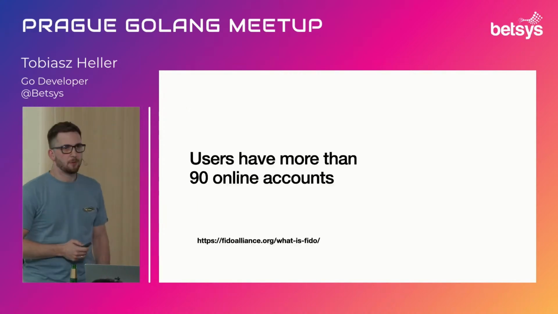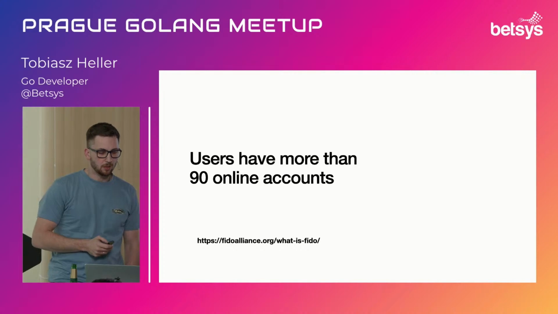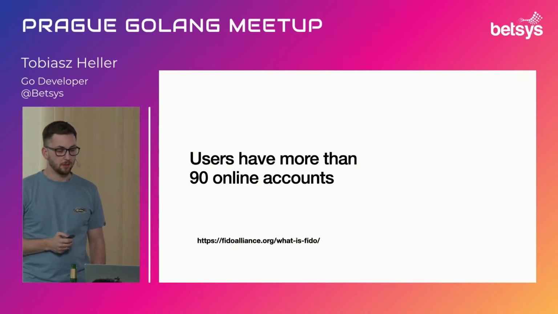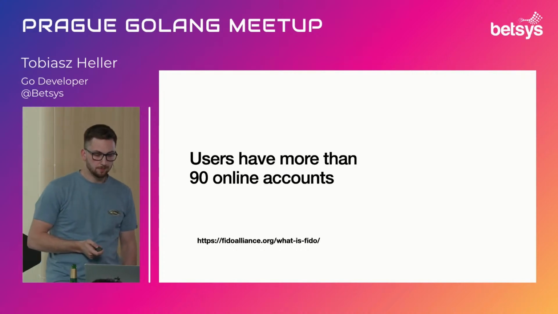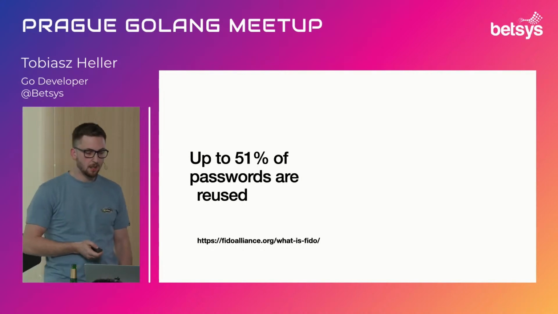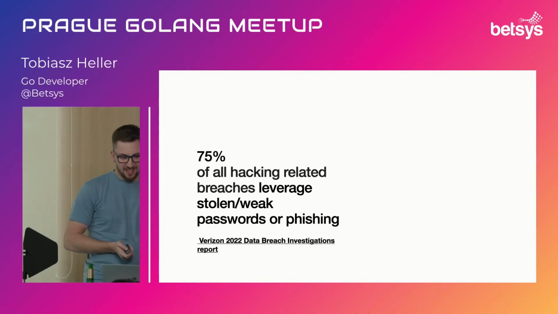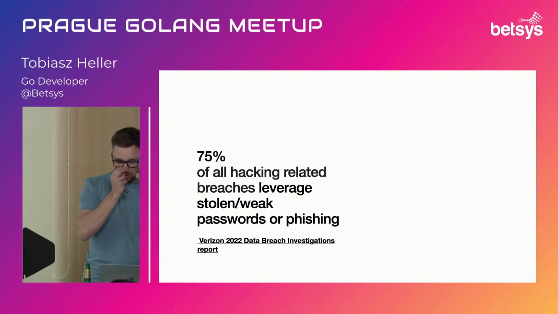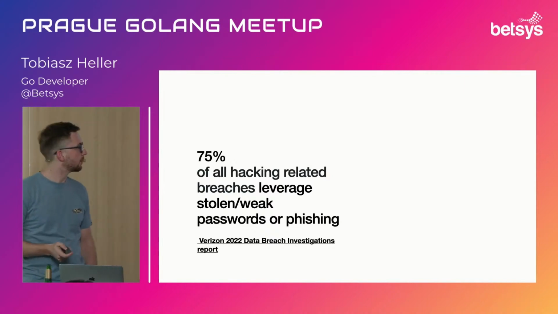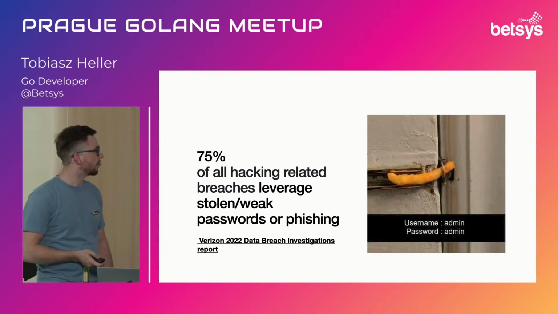So, starting with fun facts. Typically, users have more than 90 online accounts, and up to 51% of the passwords are reused. And 75% of all hacking-related breaches leverage either stolen or weak passwords, or some kind of phishing.